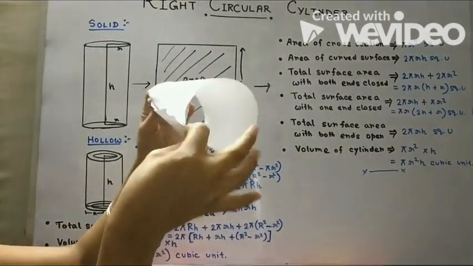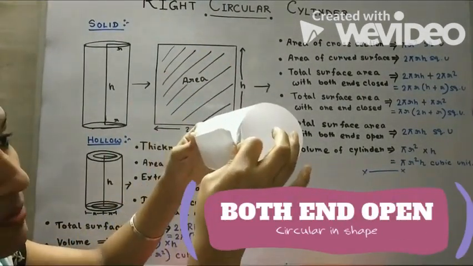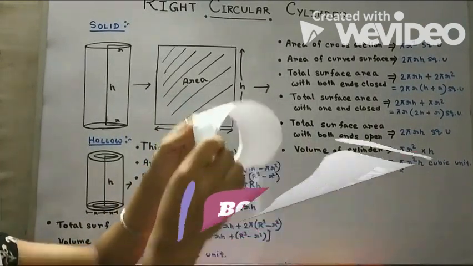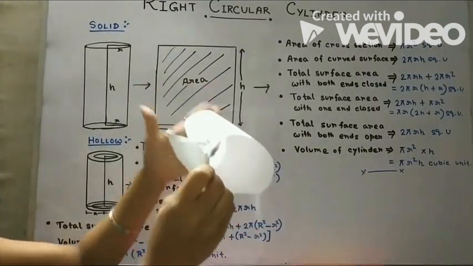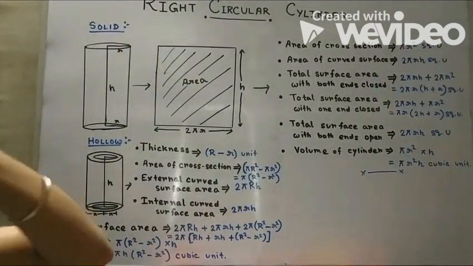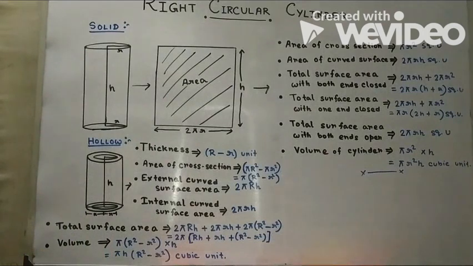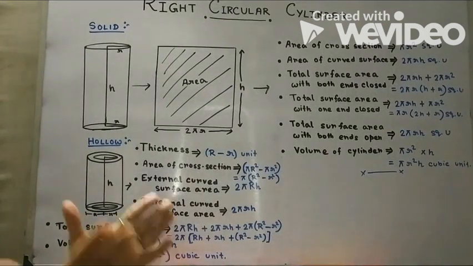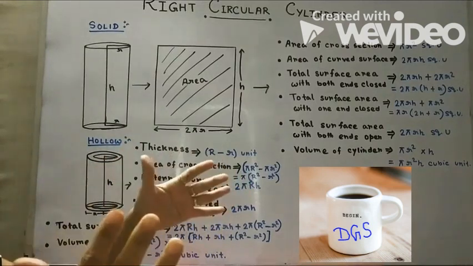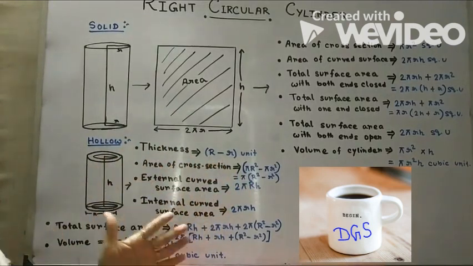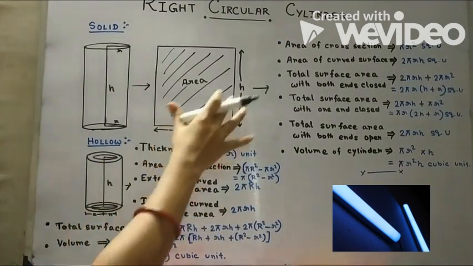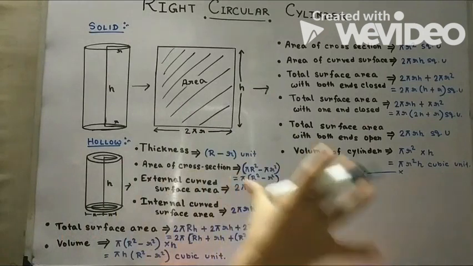The ends are circular in shape, but there is no base, so both ends are open. For example, pipes are open at both ends. Our cups have only one end open, and for a tube light both ends are closed. So here we can have three types of total surface area.